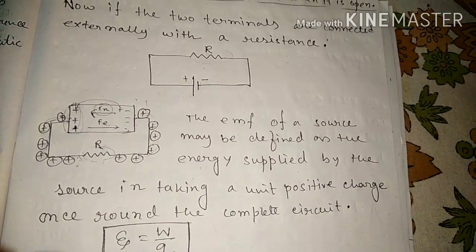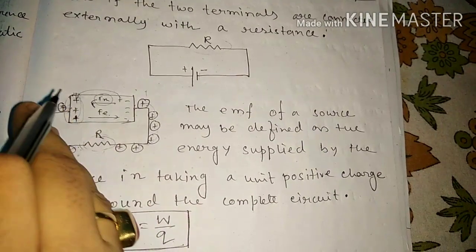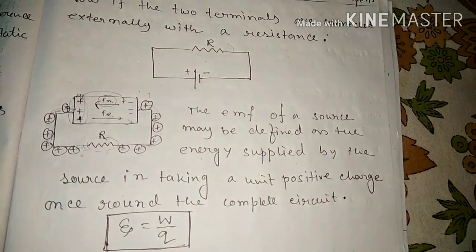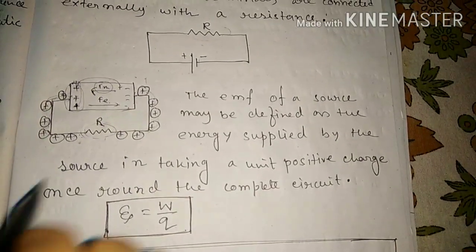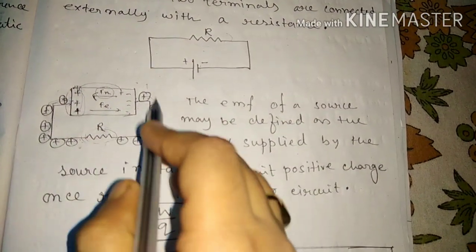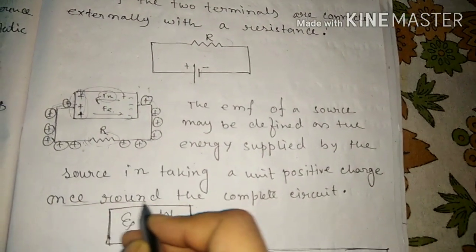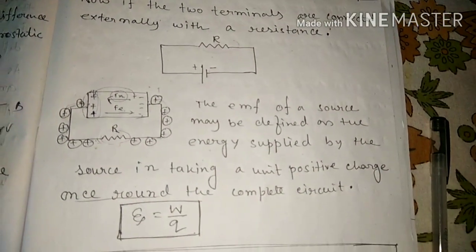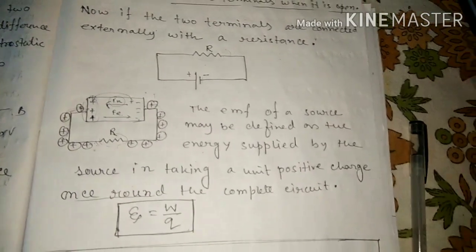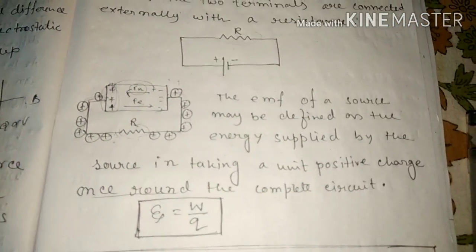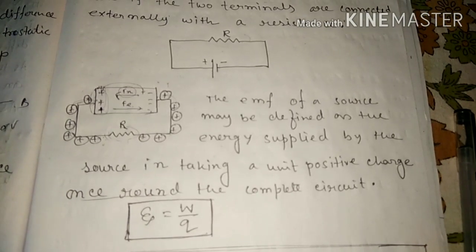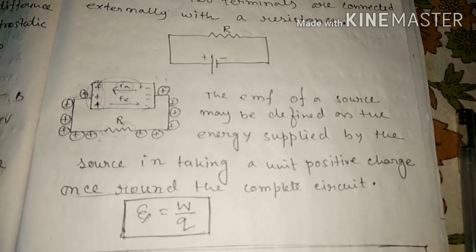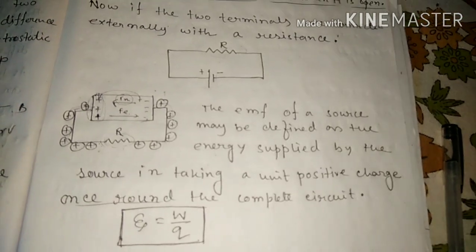So EMF of a source may be defined as the energy supplied by a source in taking a unit positive charge once around, that is one round, the complete circuit. That is called EMF. E equals W by Q.